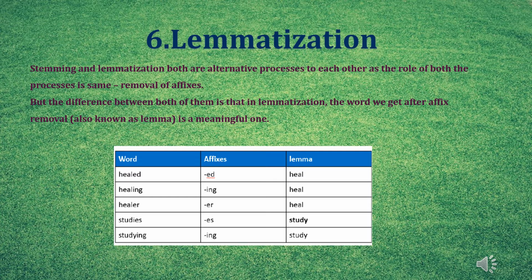Lemmatization makes sure that the lemma is a word with a meaning, and hence it takes a longer time to execute than stemming. You can see here, for healed, after removing the affixes we got a lemma called heal, and healing also heal, healer also heal, whereas for studies and studying we also got a meaningful word, that is study, as a lemma.